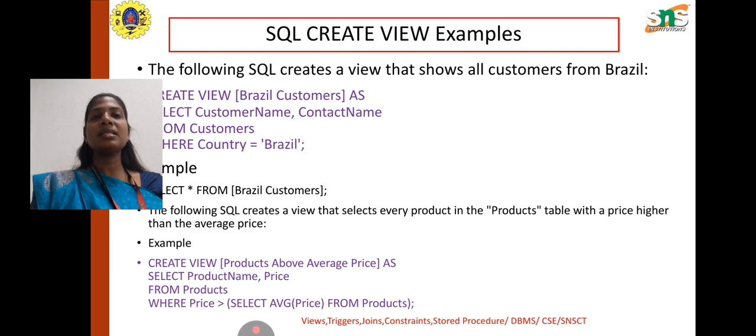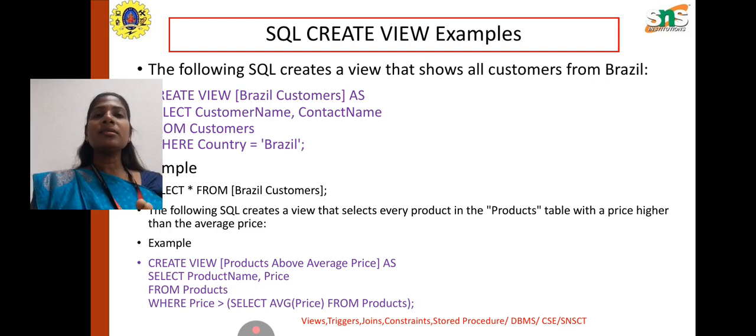Here customers is the table name, then where country is equal to Brazil. This is the condition: the data should be retrieved from the Brazil country alone. The next example: select star from Brazil customer semicolon. It will display all the customers represented in the database from the Brazil country.